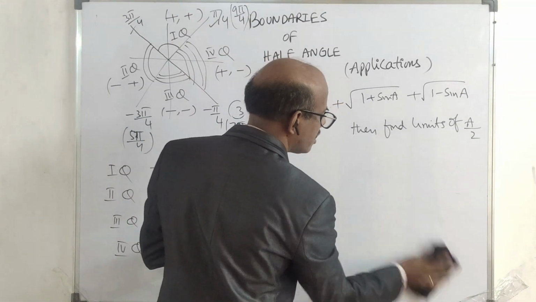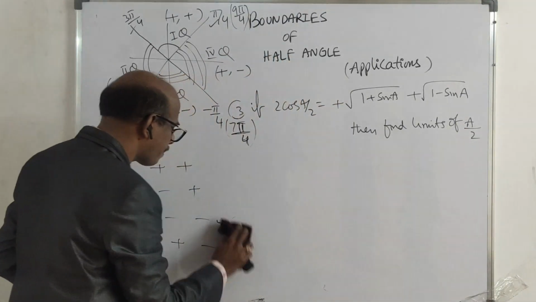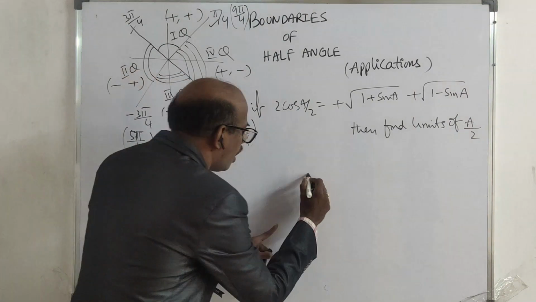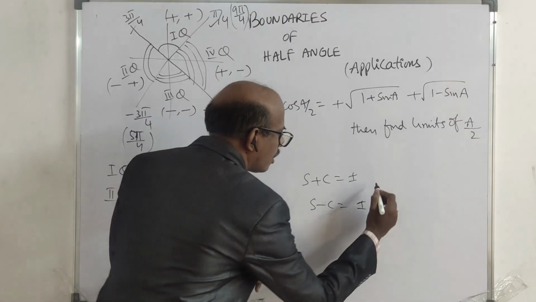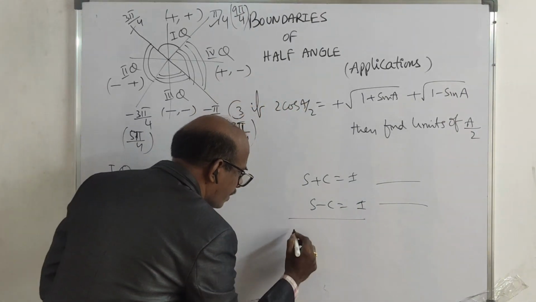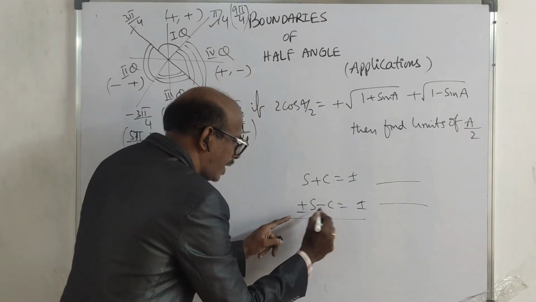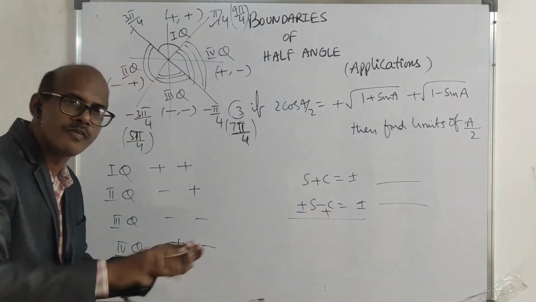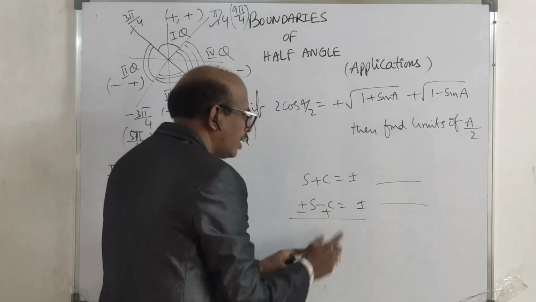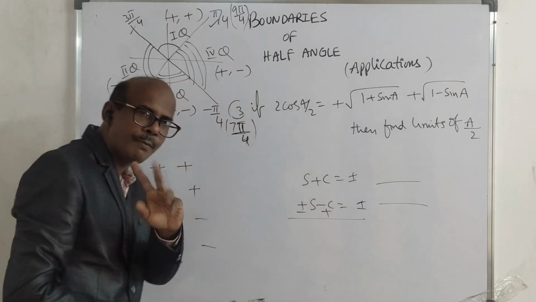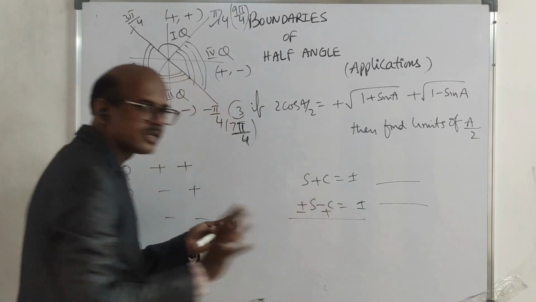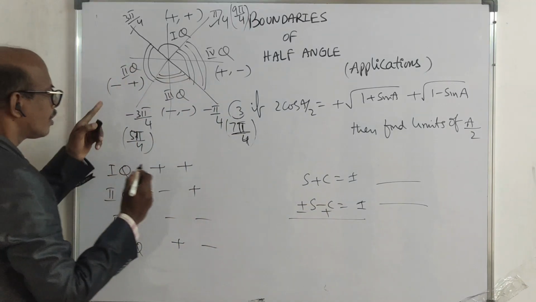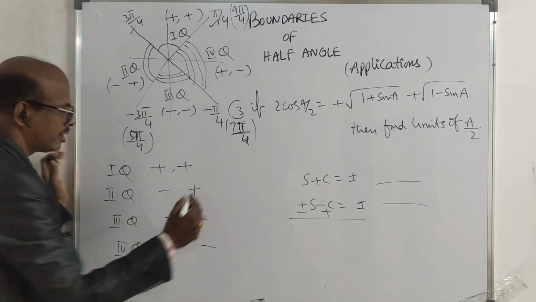So by subtracting we get, be cautious, that point is very essential. Here s plus c is there, s minus c is there. By subtracting, this plus becomes minus and minus becomes plus. Be cautious.